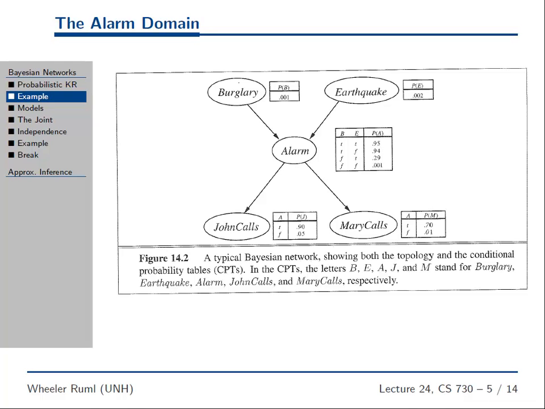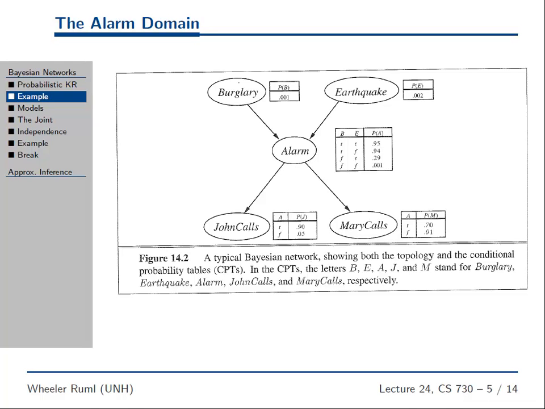Now this conditional probability table, or CPT, tells us the probability that alarm is true given the values for the parents. So if there was a burglary and an earthquake, the chance the alarm is going off is 0.95. Not 100%.